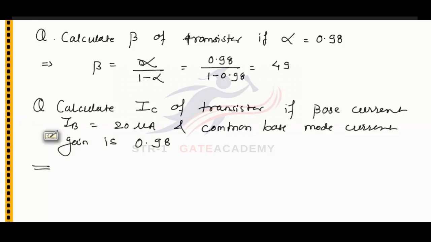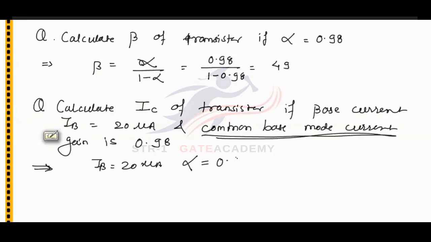In this question, we are given base current IB equal to 20 microamperes and the common base mode current gain, meaning alpha, is given, alpha equal to 0.98.